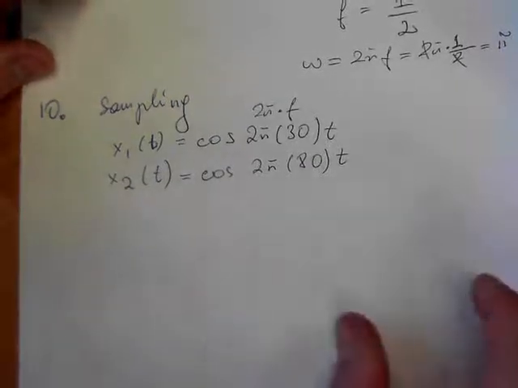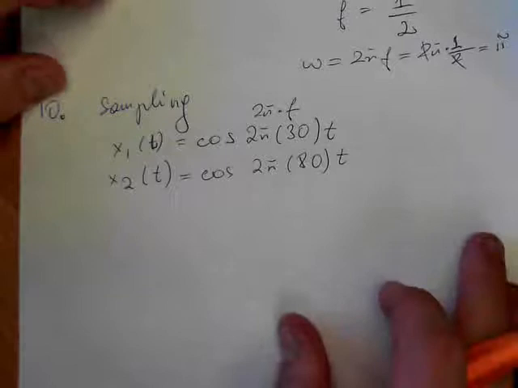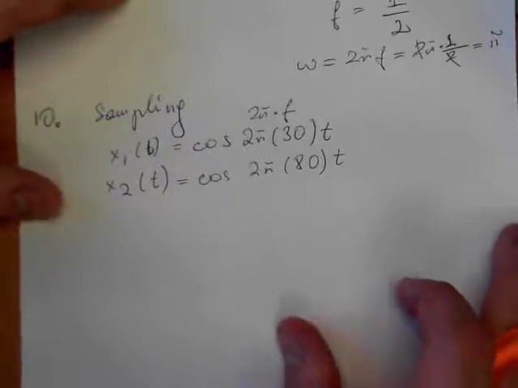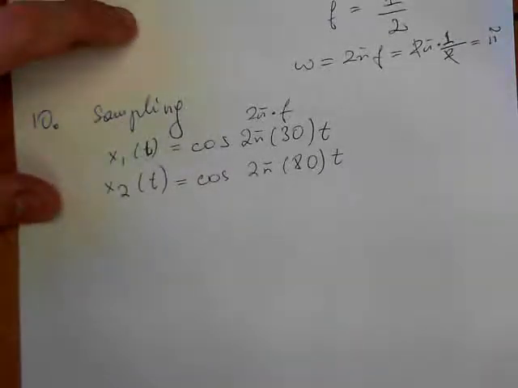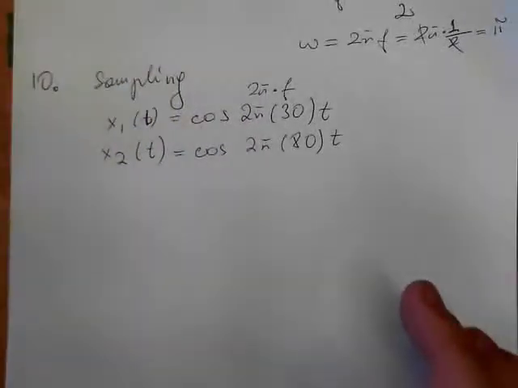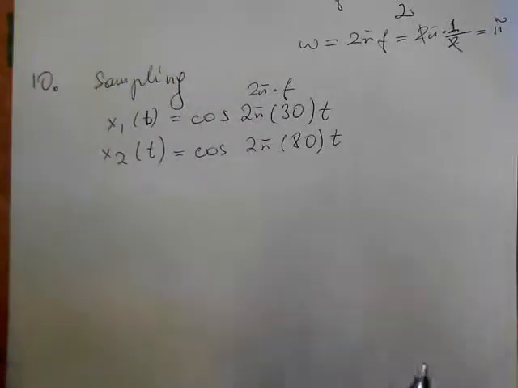What should be the sampling frequency or sampling rate in order to discriminate these continuous time signals in discrete time? So here we need to know the sampling theorem or sampling relation.